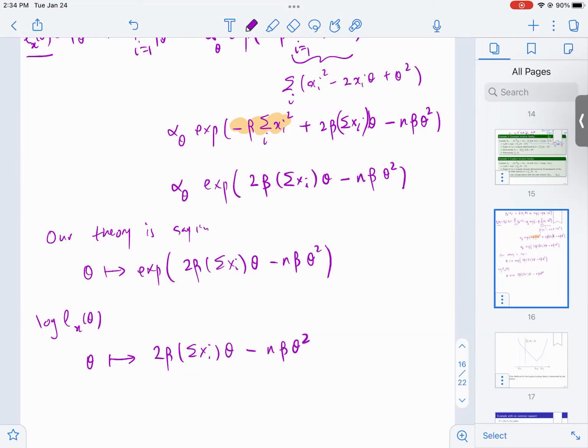If I take the log, our theory says that the following function is minimal sufficient. I can also claim that this is minimal sufficient. Why can I claim that? It's still just a function of it.